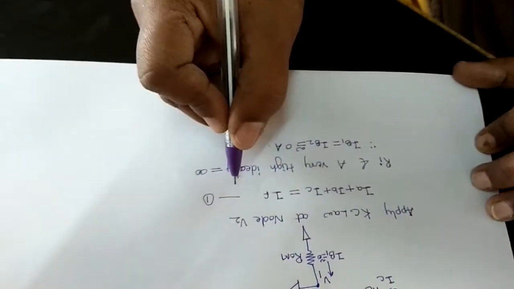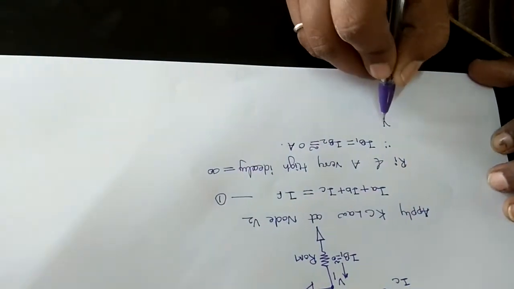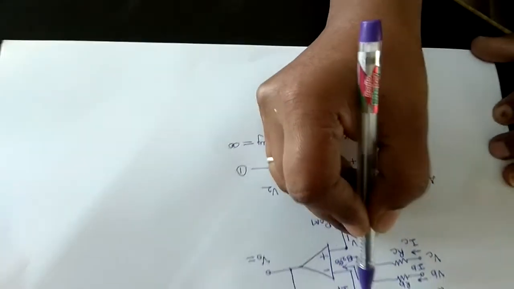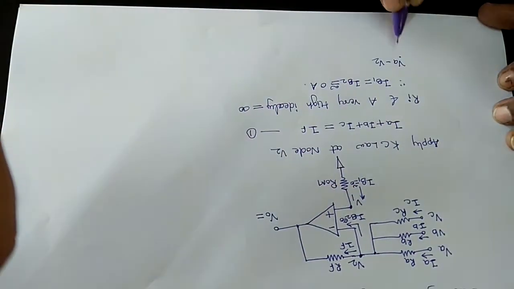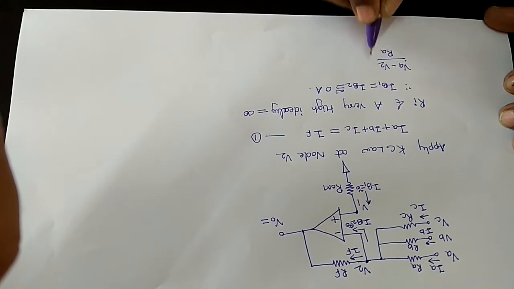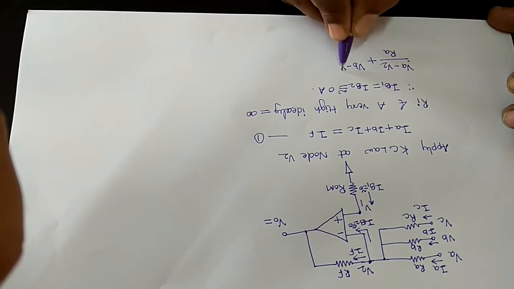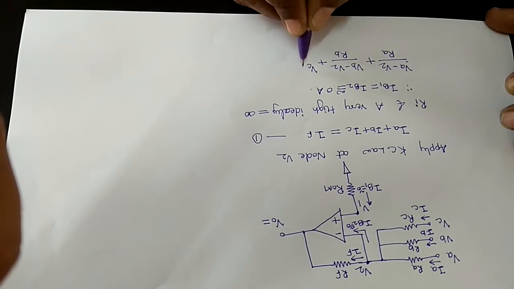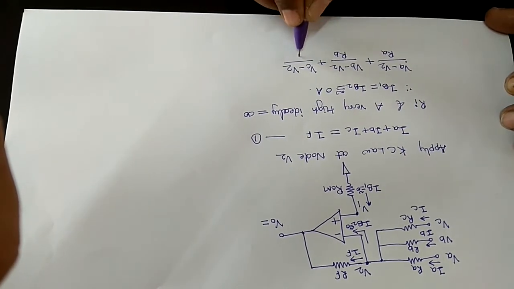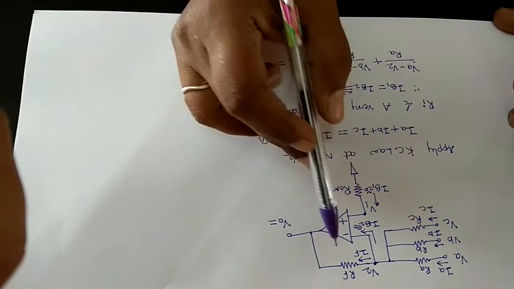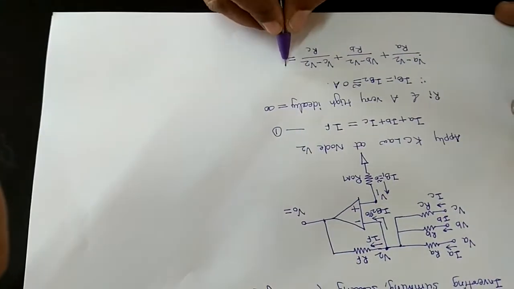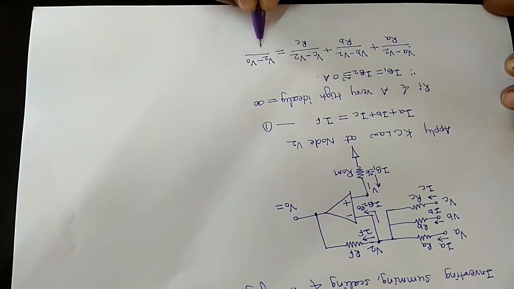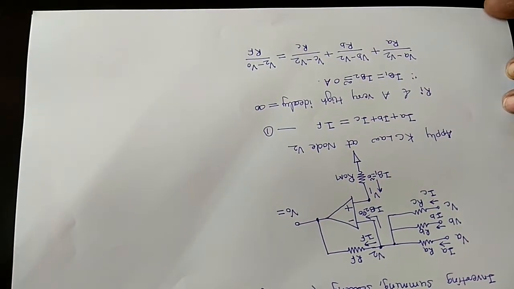When we represent these currents in terms of V by R, we can write: VA minus V2 divided by RA, plus VB minus V2 divided by RB, plus VC minus V2 divided by RC is equal to the current IF, which is V2 minus the output voltage V0, divided by RF.